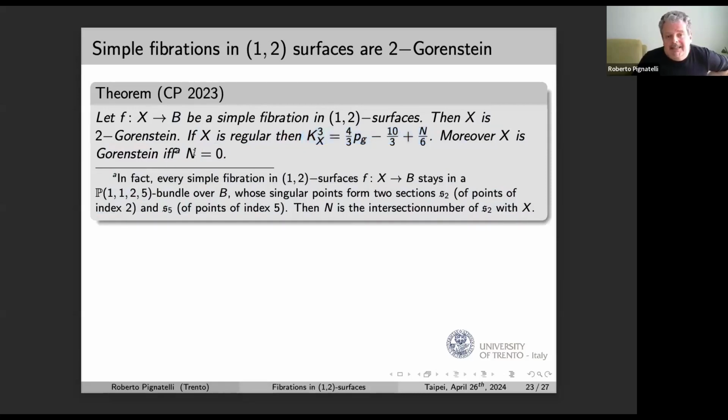And the Gorenstein case is exactly the case when these points are not there, so when n equals 0. In fact, n is better defined as the intersection number of my threefold with this curve of singular points I defined.